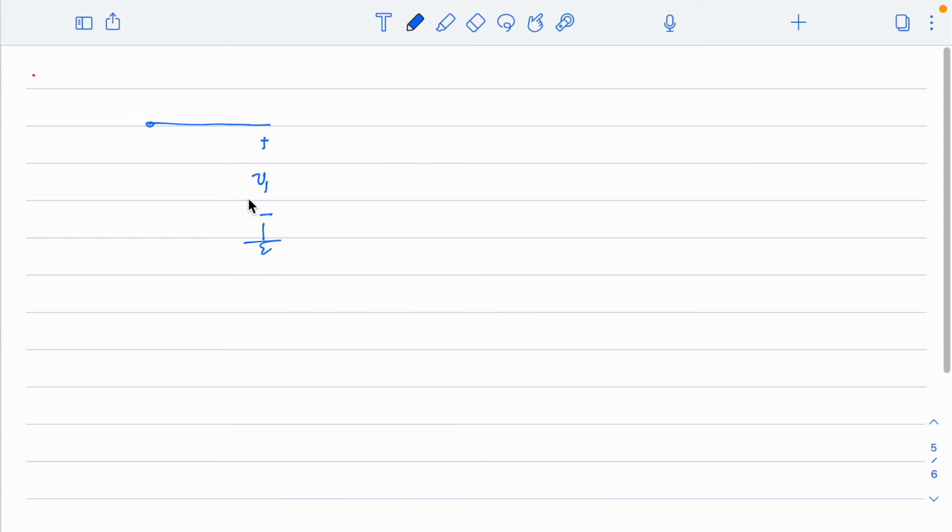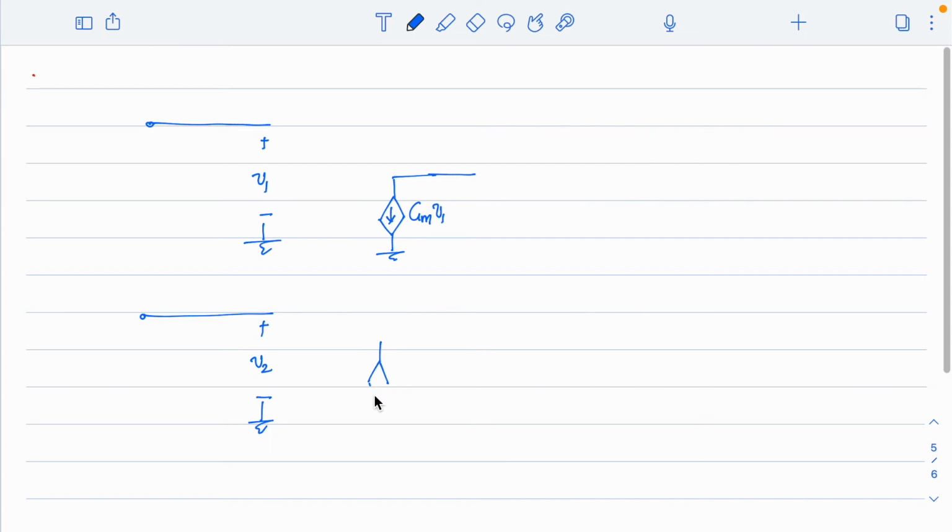So there is V1 voltage here. Say there is V2 voltage here. Now you have a voltage controlled current source, which can be marked as GM1 into V1 out of this.